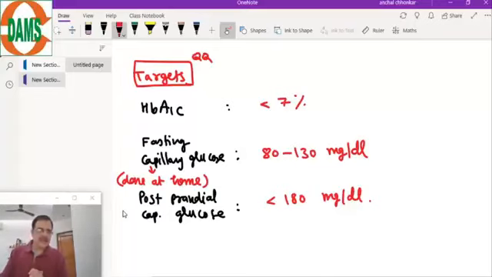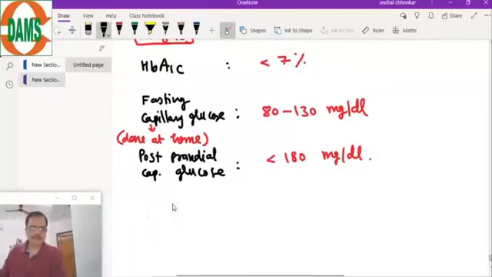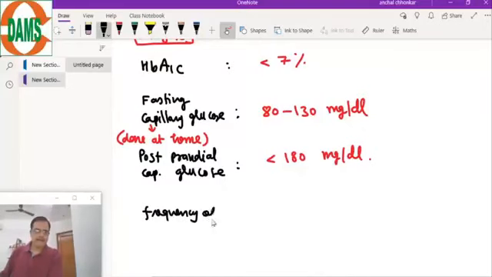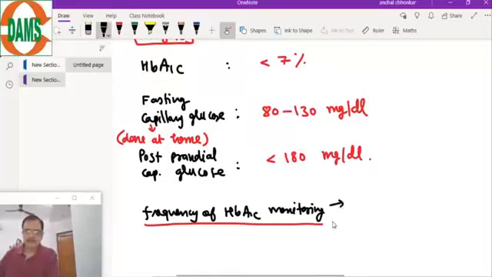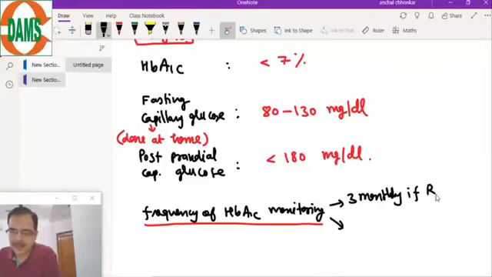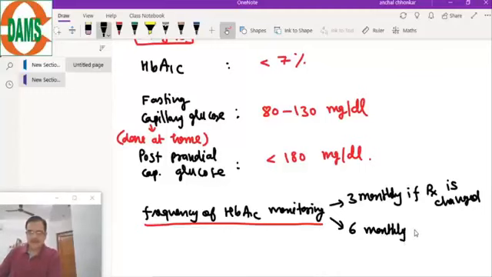So in the lab, 3 monthly HbA1c is done. The monitoring frequency of HbA1c is 3 monthly if treatment is changed, and 6 monthly if treatment is not changed and targets are under control.